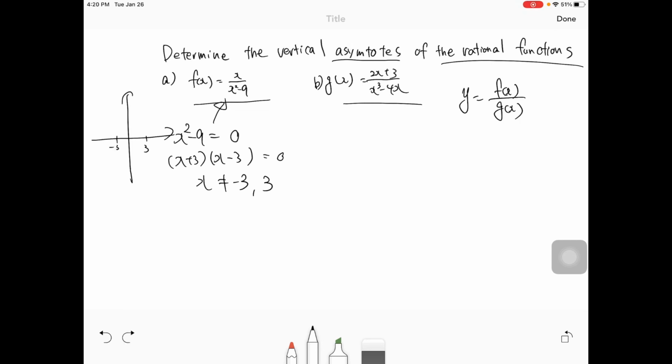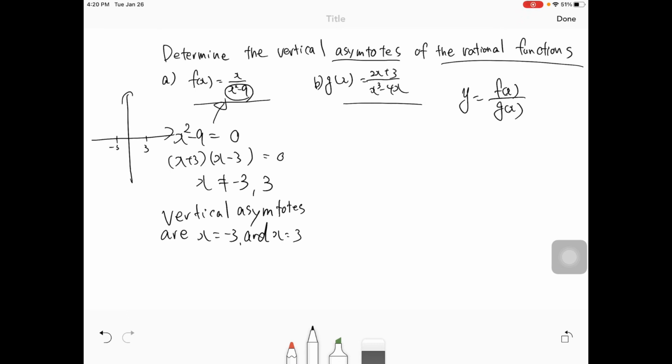Okay? That's why you need to find the domain of the function. Especially in the case of rational functions, you need to find the x values that make the denominator 0. That's what you need to do. So in this question, the vertical asymptotes are x equals negative 3 and x equals 3.